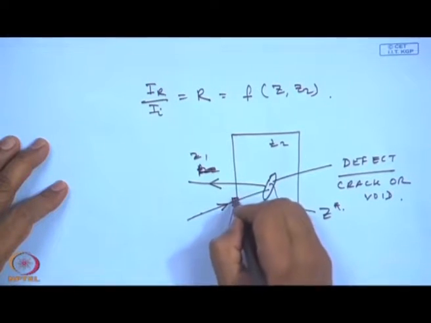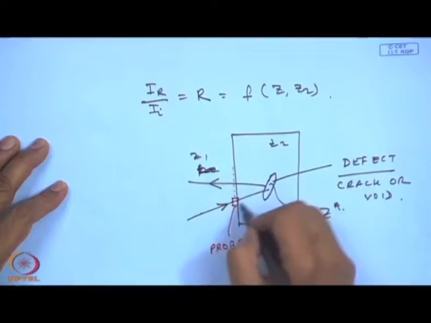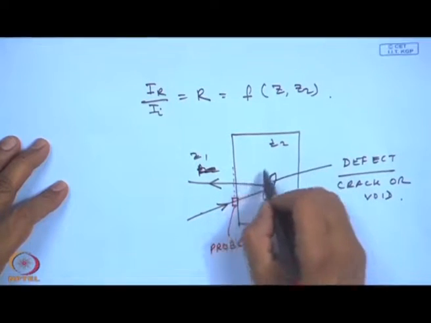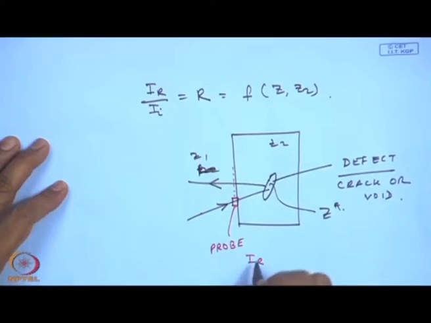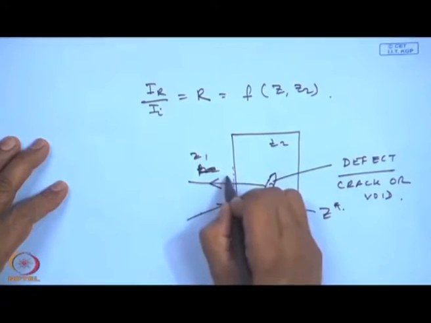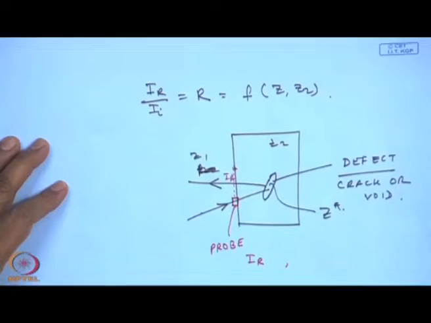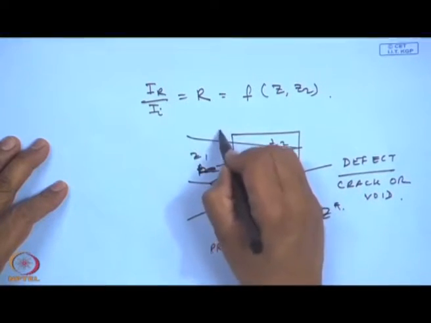If I move this probe along the surface of the body and this incident wave is sent, there will be instances when the intensity of the reflected wave will be different than the intensity at this location. Say for example, I r star at one location, and at another location it will be maybe I r.